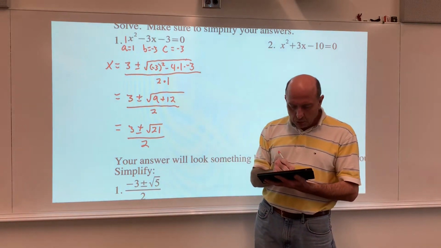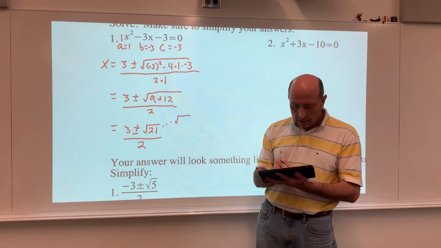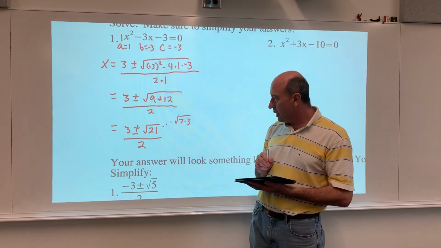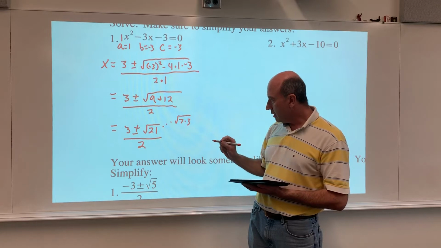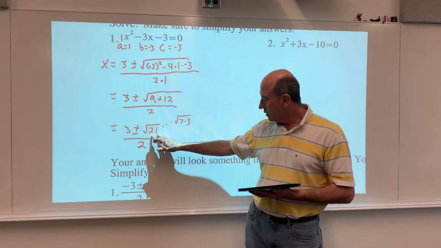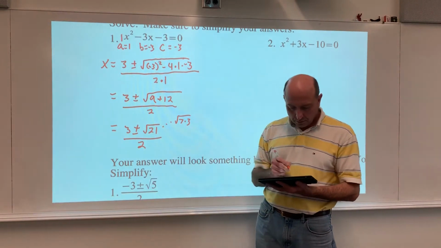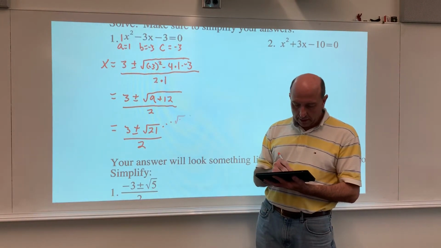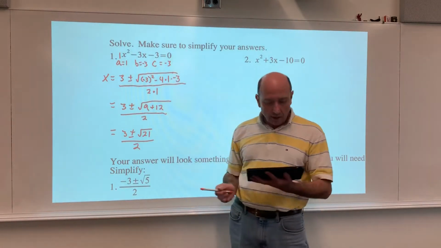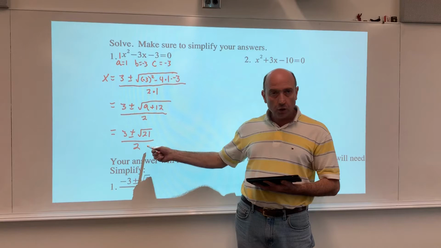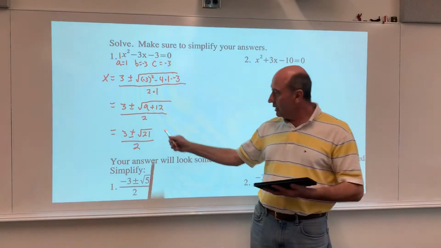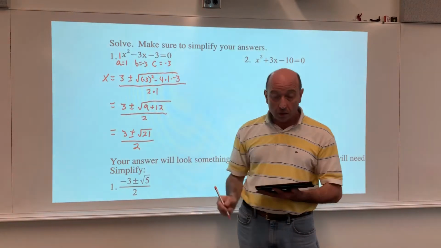We can split up 21 into 7 times 3, but we can't take the square root of 7 or the square root of 3. We're done? We can't simplify this at all? Yeah, that's a weird looking answer. So if we plug this answer back in, it will actually work and give me 0? Well, it looks tricky. Maybe I should do that sometime. Maybe not right now, but that looks interesting to try.